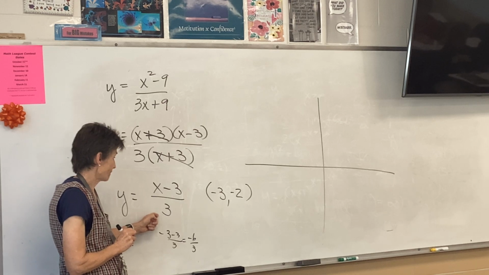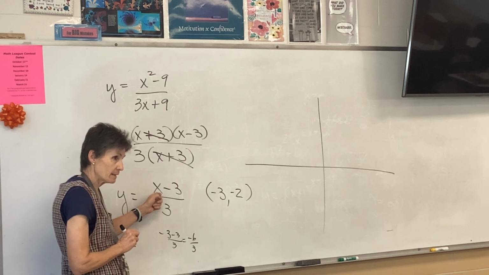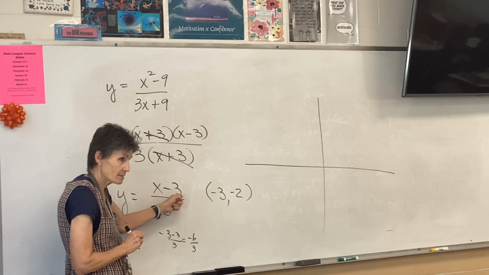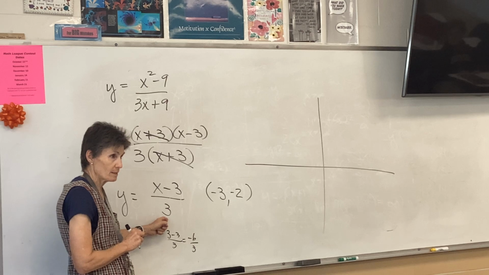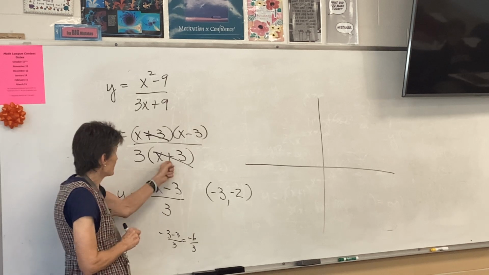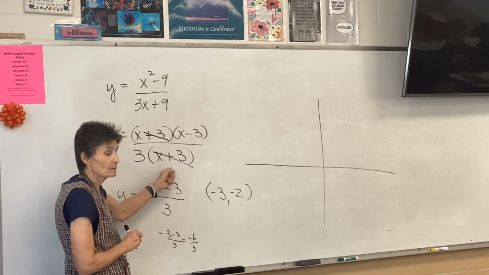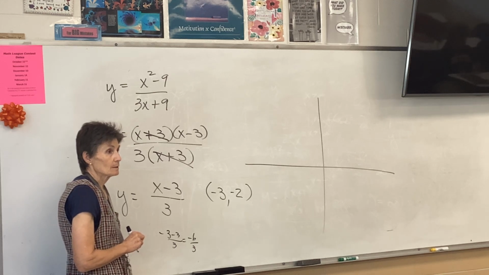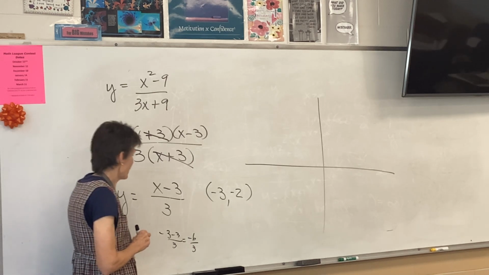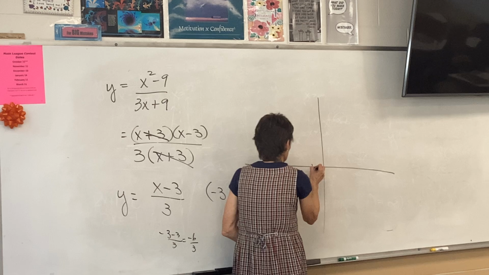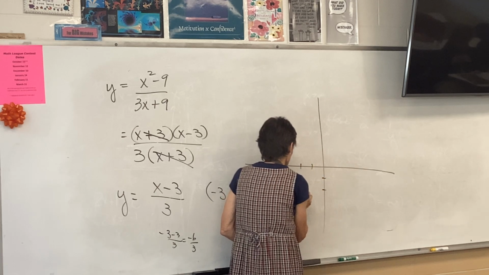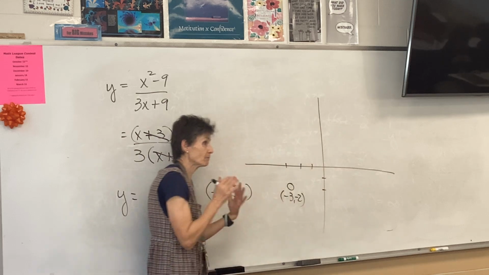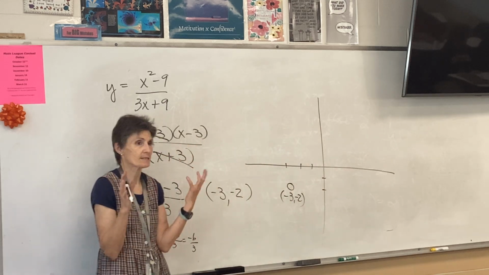Can you explain that one more time? -3 minus 3 is -6, divided by 3, using what canceled out. Okay, so -3, -2. There is my hole. After that, everything else is the same.